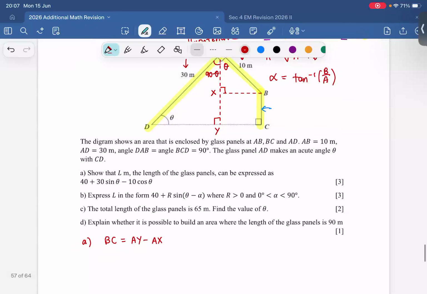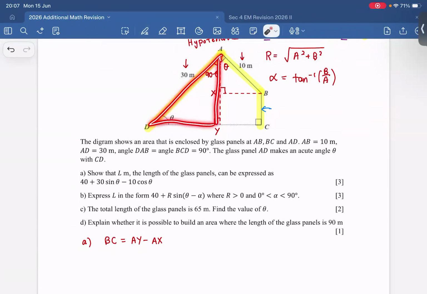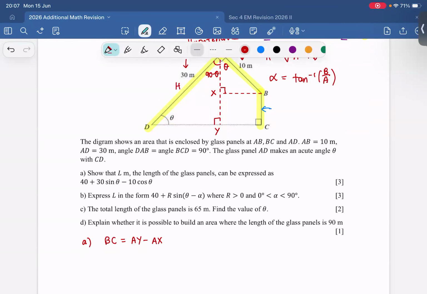So how to find AY? We use this triangle. Okay, this is the hypotenuse, this is the opposite, this is the adjacent. So now I want to find the opposite. I use sine theta equals AY over 30. So 30 sine theta equals AY.